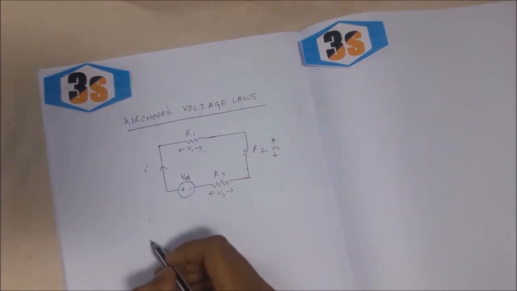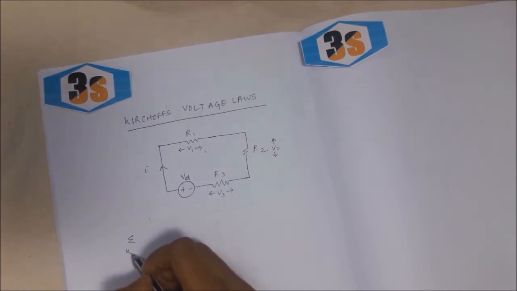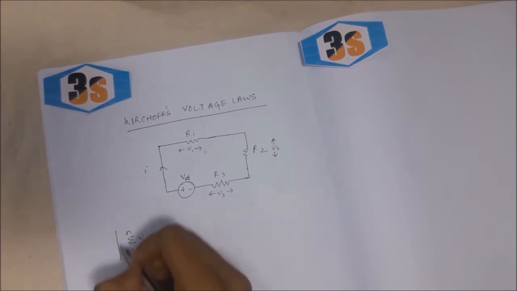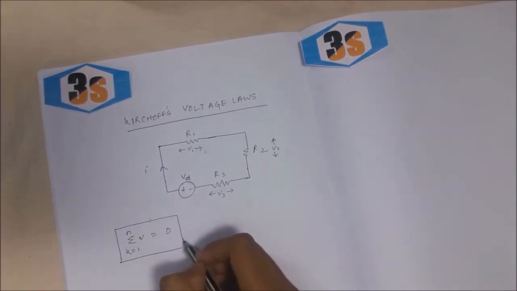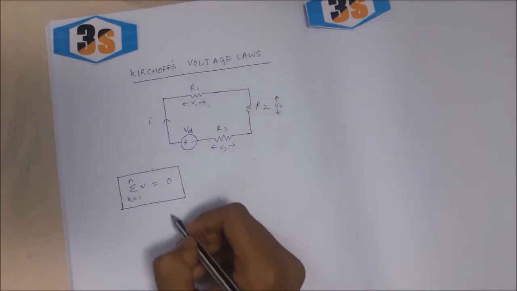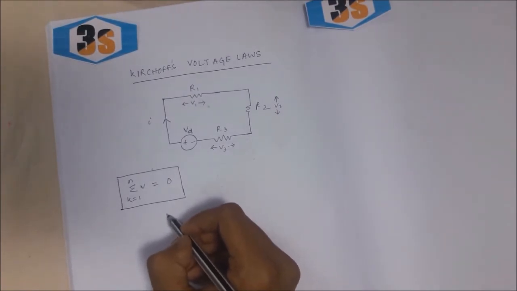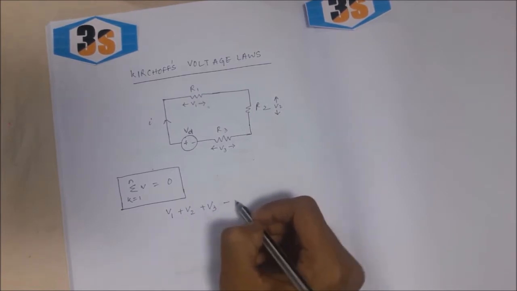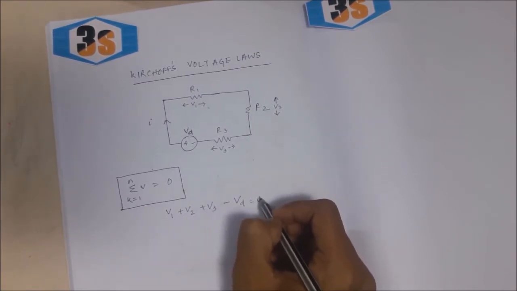According to Kirchhoff's voltage law, the summation of the voltages in a loop is always equal to 0. In the above example, if we apply Kirchhoff's voltage law, the summation of the voltages is V1 plus V2 plus V3 minus VD equals 0.